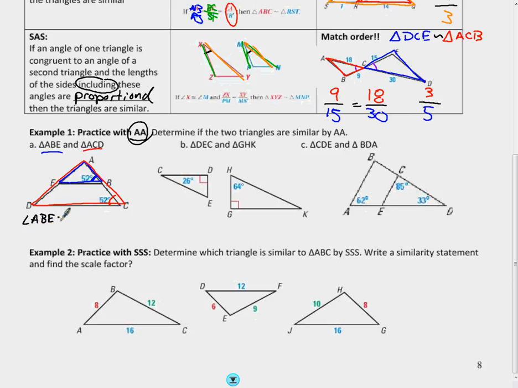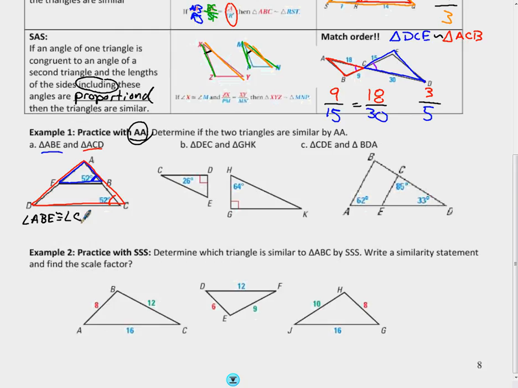What other 2 angles would be congruent to each other in that picture? Look at the red triangle, look at the blue triangle. What do they have in common? Do they share any letters? What letter do they share?